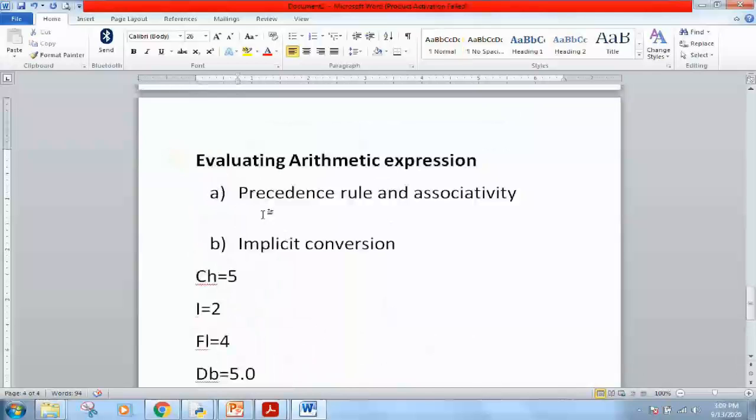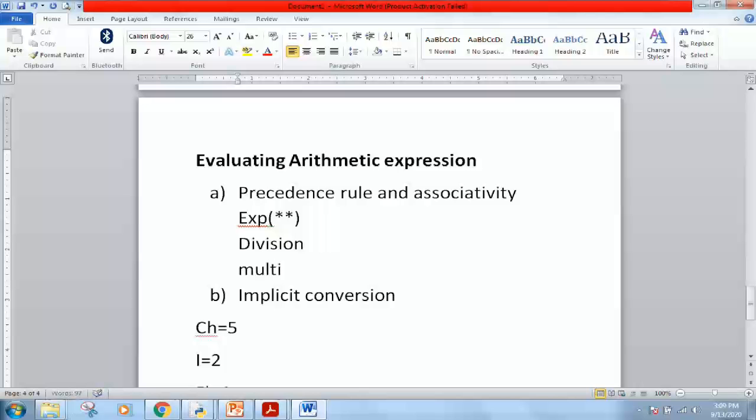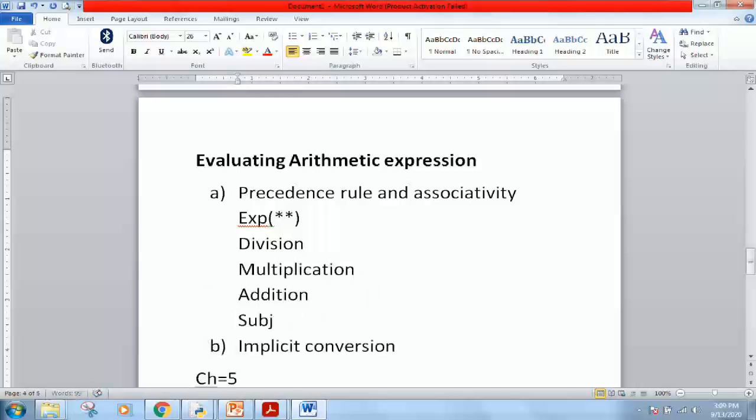Arithmetic operators follow the BODMAS rule, or you can say they follow this rule: the exponential operator is always solved first, then the division operator, then the multiplication operator, then the addition operator, and then the subtraction operator.